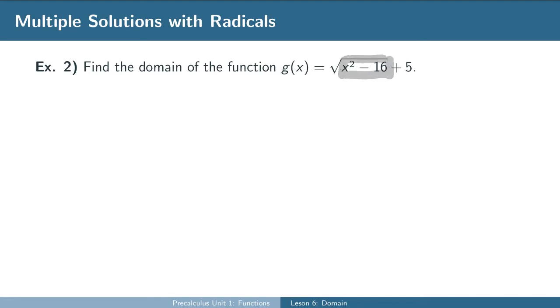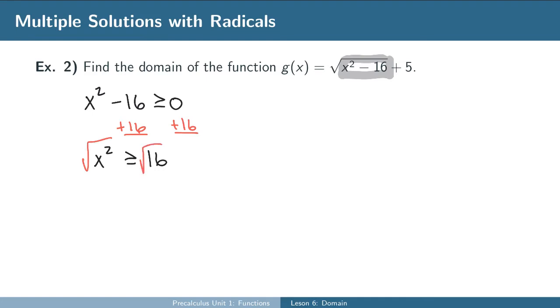So I'm going to take x squared minus 16, and I'm going to set x squared minus 16 greater than or equal to 0. Now I'll add 16 to both sides. So I have x squared is greater than or equal to 16. Now square rooting, here's the problem though. I actually have two solutions.